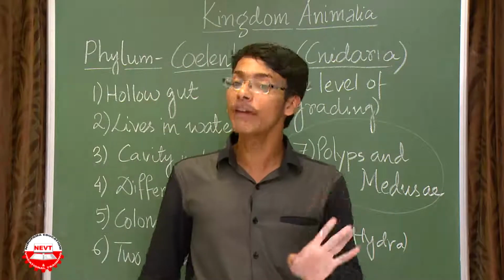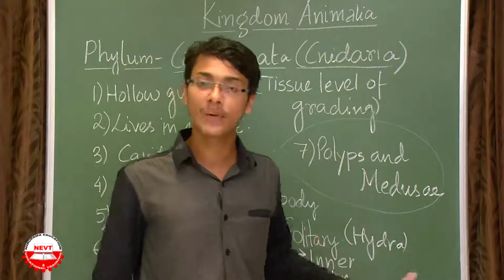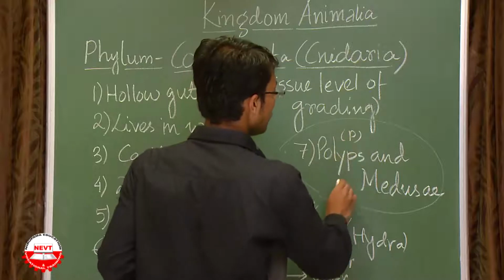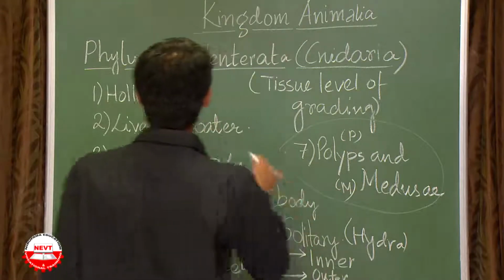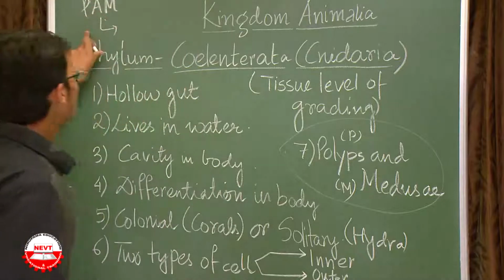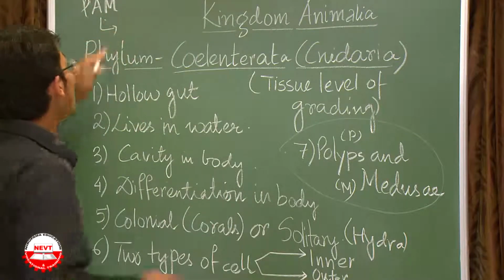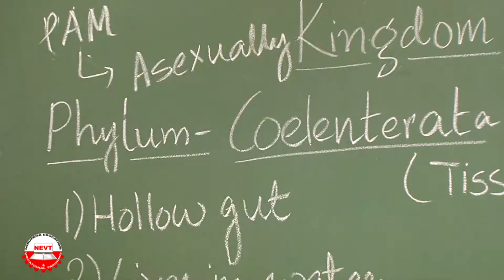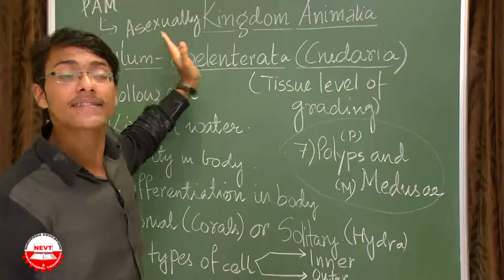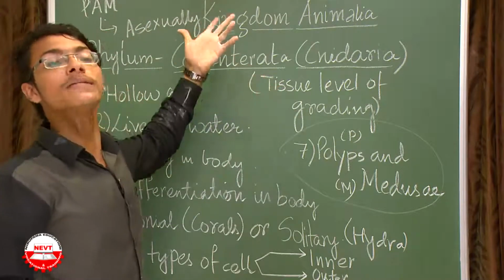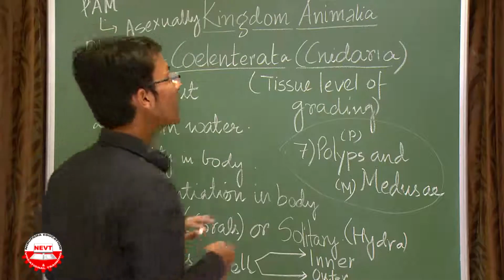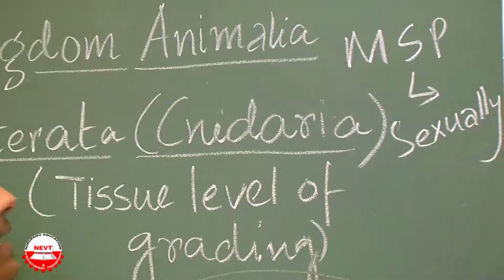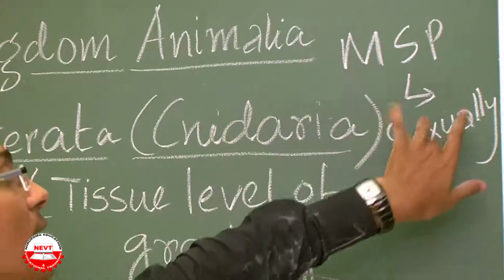I am telling you one trick to remember. This is a very commonly asked question in various competitive exams. Polyp you can say P, medusa you can say M. So the trick is PAM: polyp, medusa, and in between, the A is asexual. That means when polyps reproduce asexually, they form medusa, and similarly another one is MSP, that is medusa sexually polyp.